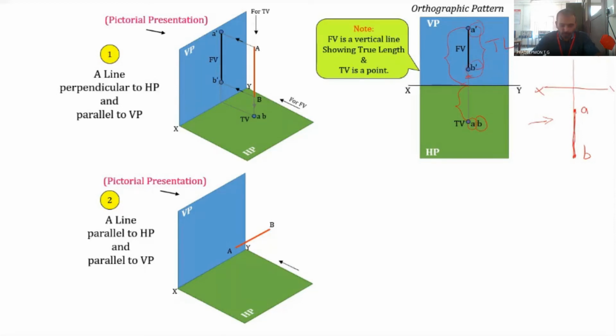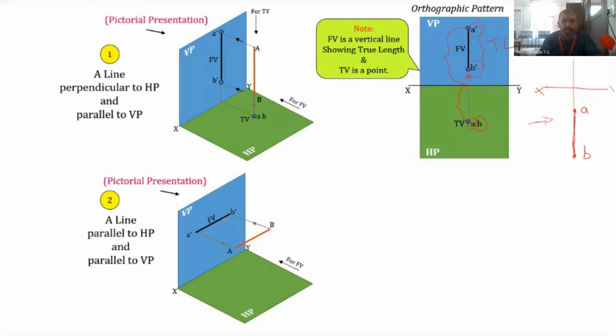In order to get the front view, the observer has to look from here, and the points A and B are projected towards the VP to get A dash and B dash in the front view. So in this case also, the length A dash B dash will be equal to AB, because this exactly creates a triangle.